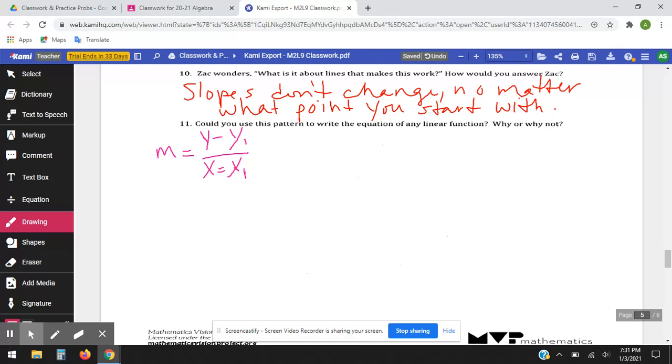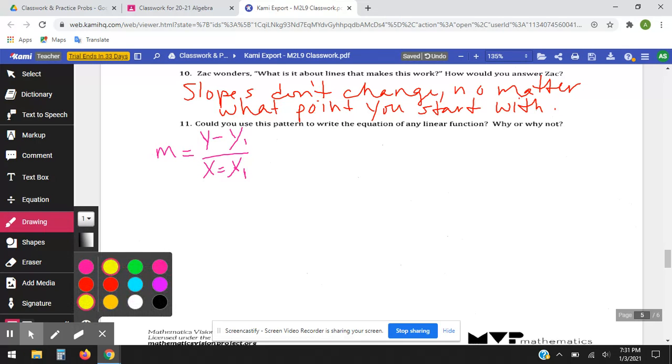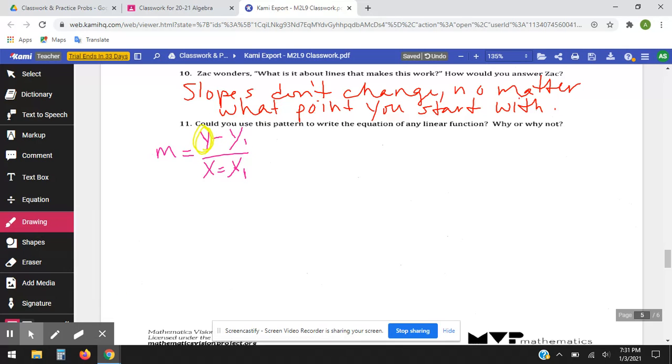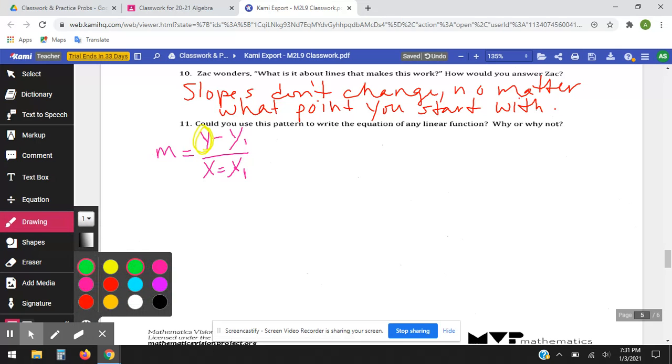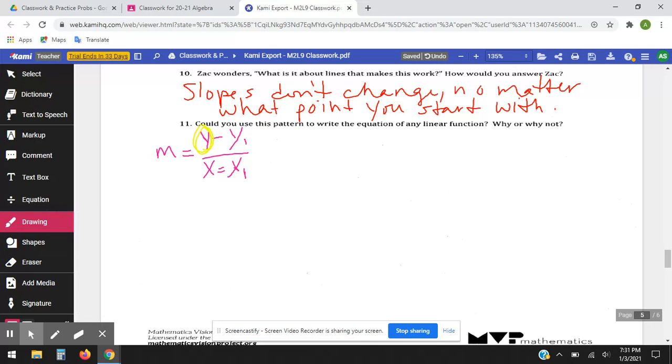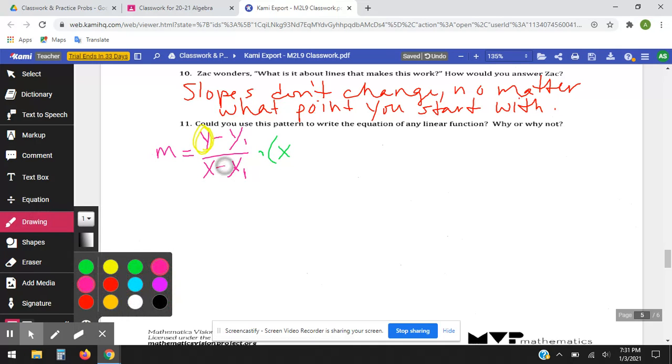Let's solve for y. So let's solve this and get the y by itself. So to do that, let's use green for our motions here. To do this, I first need to multiply by x minus x1, both sides.